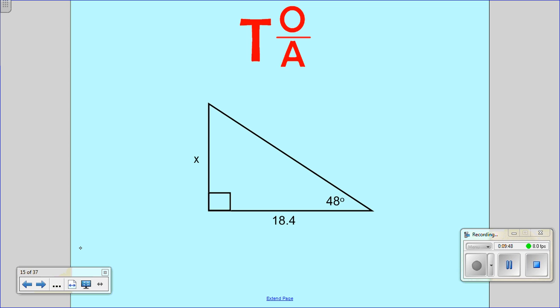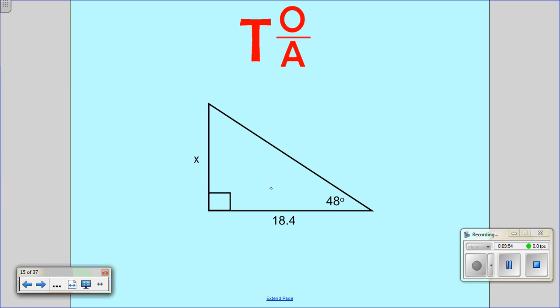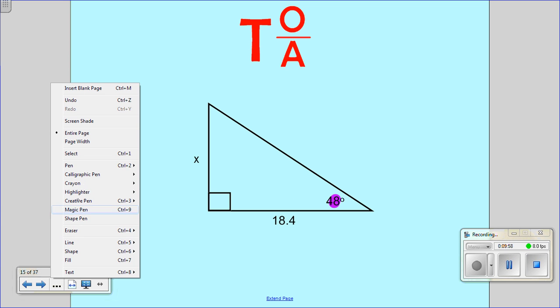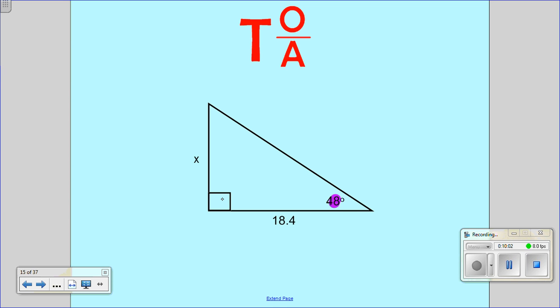All right, on this example, our reference angle is 48 degrees. Right here in this corner. We're not given the hypotenuse yet again. However, we are given the side across from it. So that means that's the opposite.